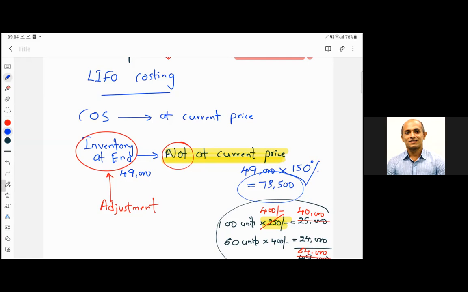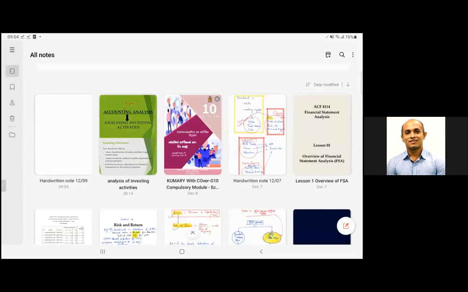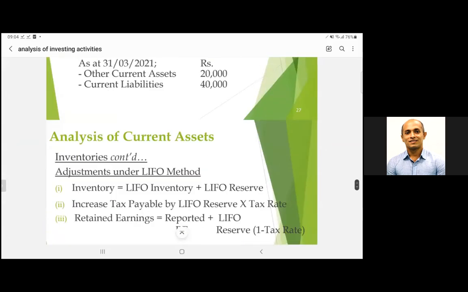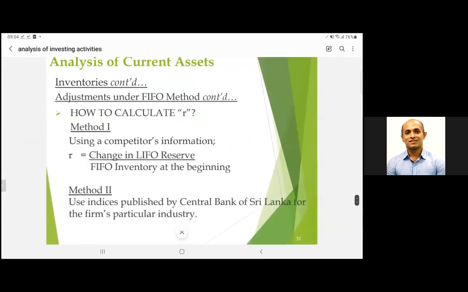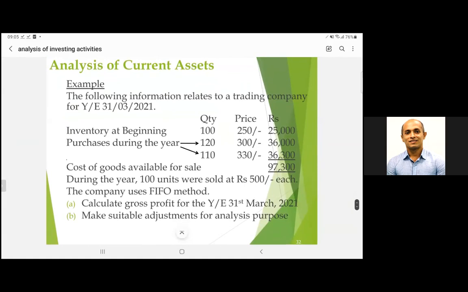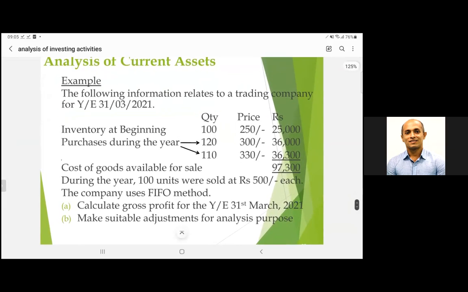Now let's see an example in your study material. The following information relates to a trading company for the year ended 31st March 2021.